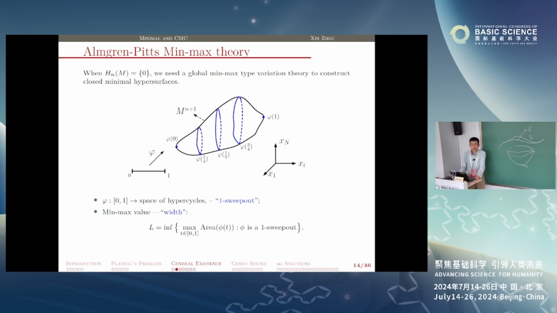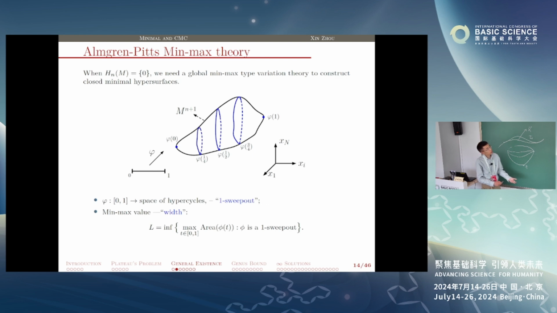I would like to start with the Almgren-Pitts min-max theory. The motivation was that previously we said that if the homology class is non-trivial, we can always find a minimal representative of that homology class so as to produce a closed minimal hypersurface.